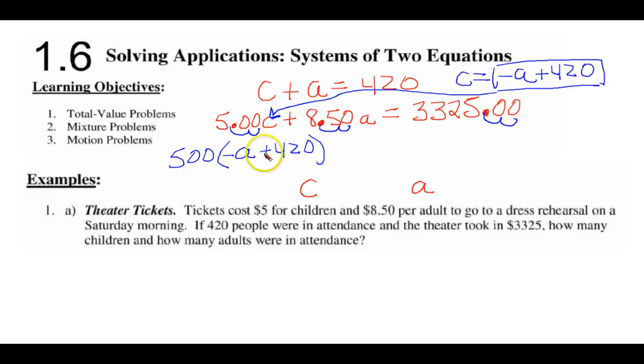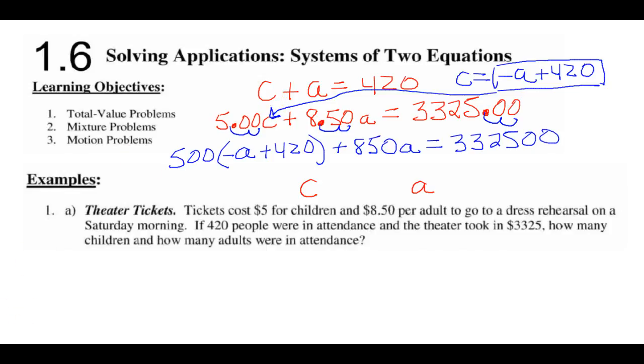There's our C replacement through substitution, plus 850 A equals this. Now we're not going to solve it at this time, but you can see now we have just one letter. Once we find out what A is, we would then substitute it here and solve for C.